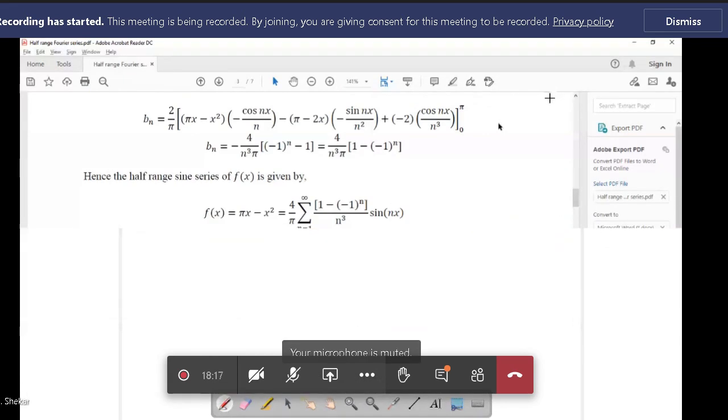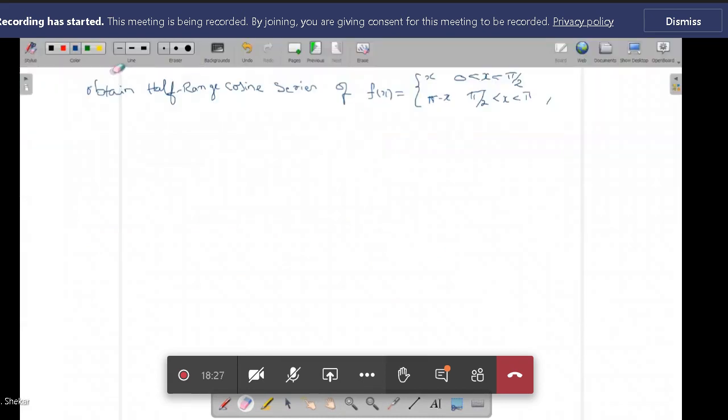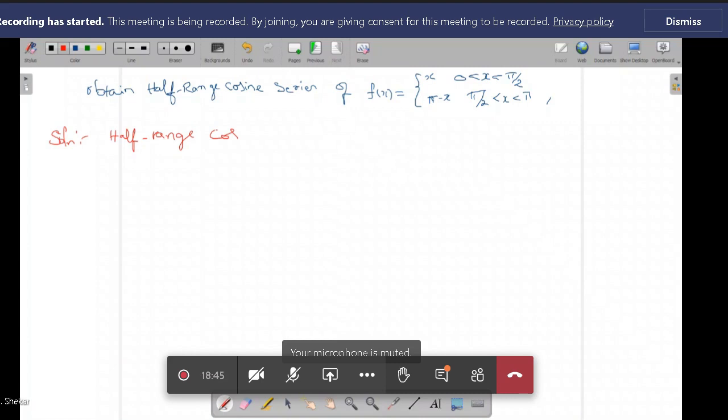So here the endpoint is pi, so we need to find the half range cosine series. So the solution: the definition of the half range cosine series is f of x equals a naught by 2.